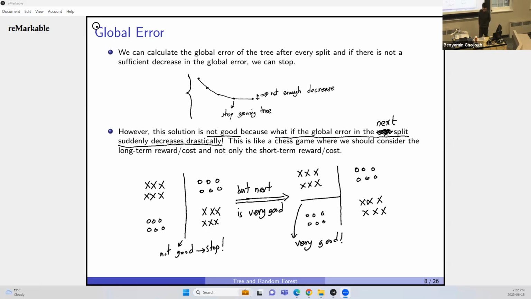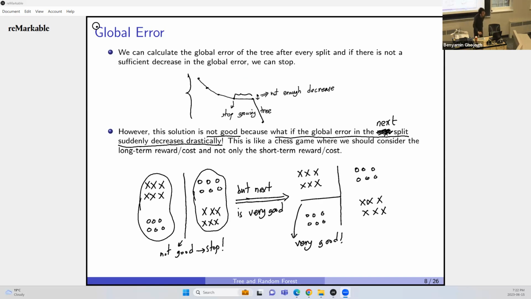Do you agree? So for example, it was like this, but maybe in the next split, suddenly it becomes like this. Why do you stop here? Maybe in the next, an example is this. Consider these two classes. This split says that it's not good, right? So stop, because these are confused with each other.